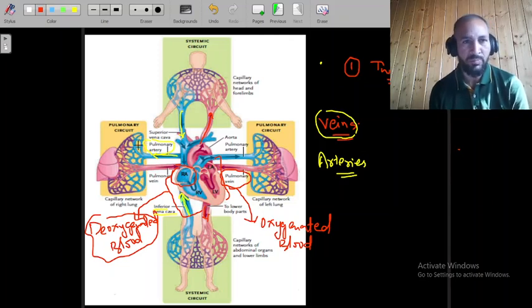Then it picks up oxygen from the lungs and comes back to your heart. Now it comes to the left half of your heart. So that's why we call it double circuit. In one complete cycle, blood comes to your heart twice. That's why we call it double blood circuit.